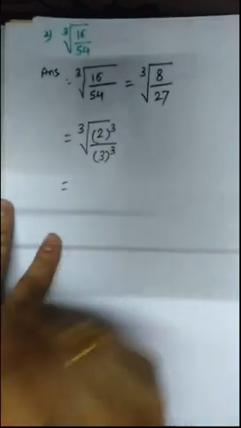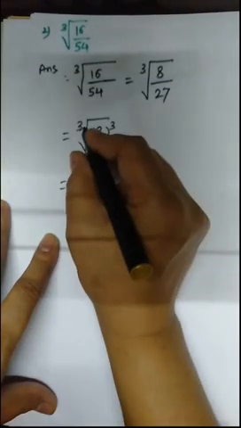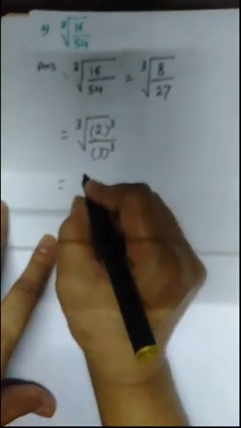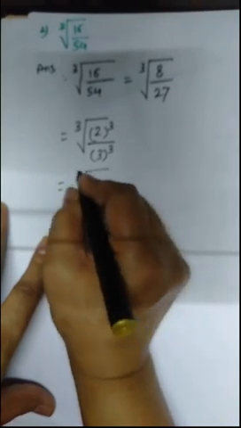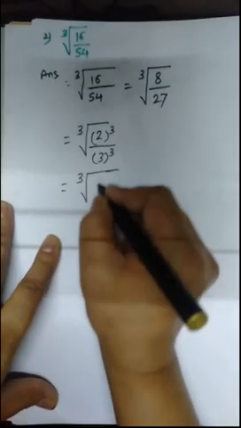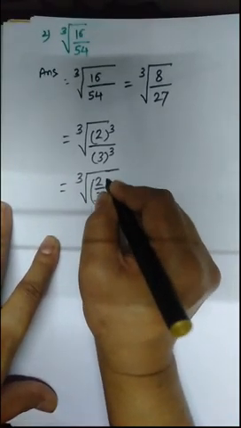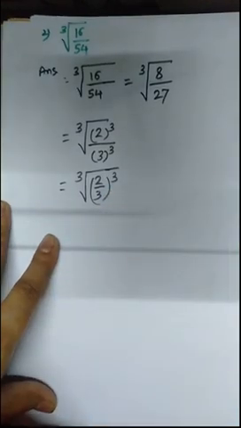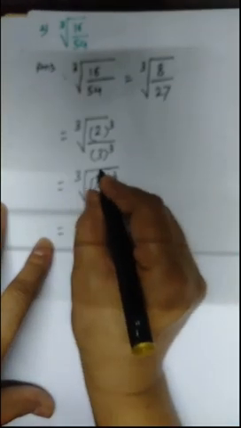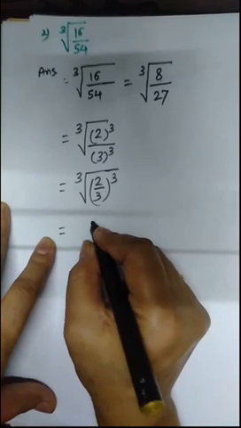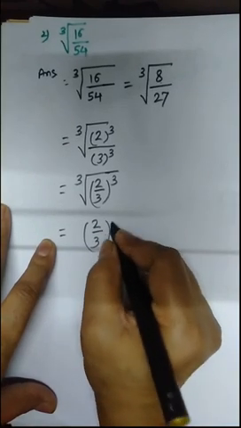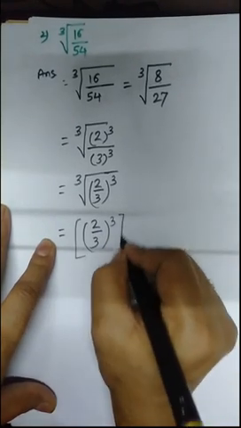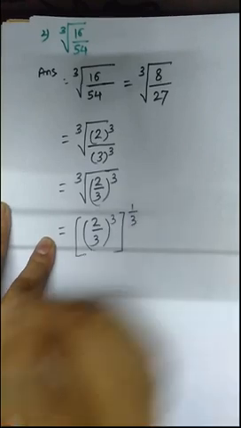So again we reduce this radical sign and write it in indices form. Before that, we write one step, merge this: 2 upon 3 raised to cube. Correct? Now reduce this radical sign here. So 2 upon 3 cube raised to 1 upon 3.